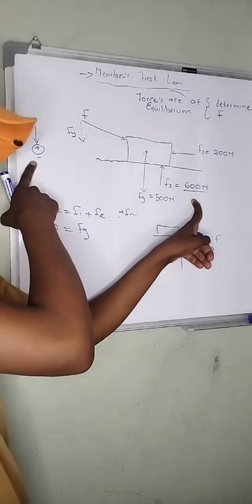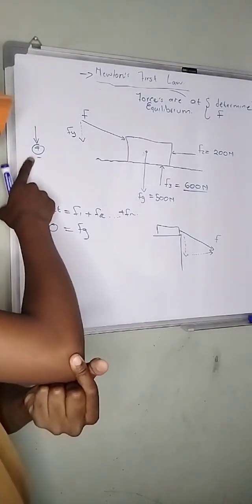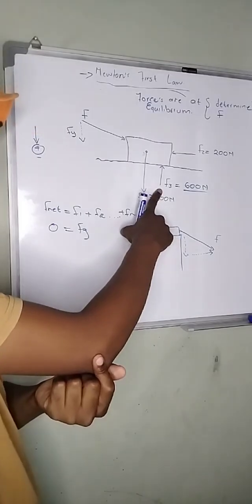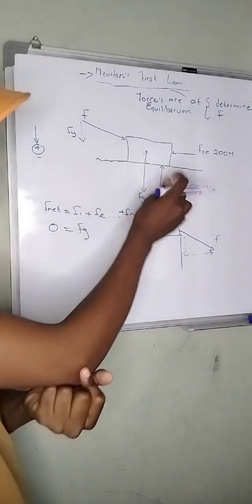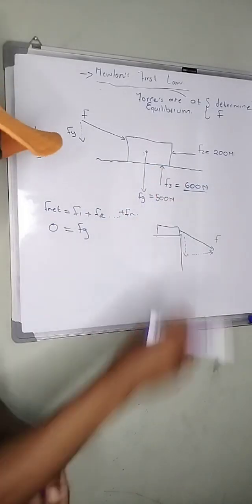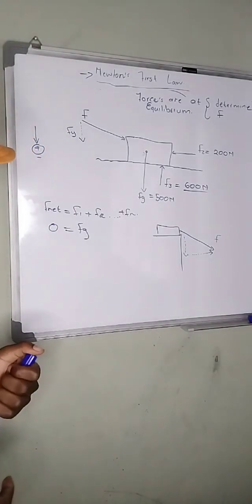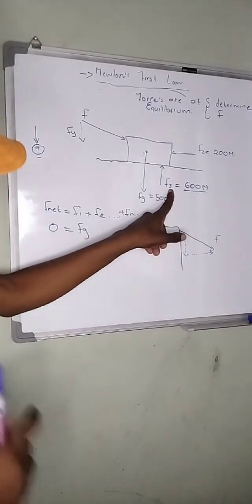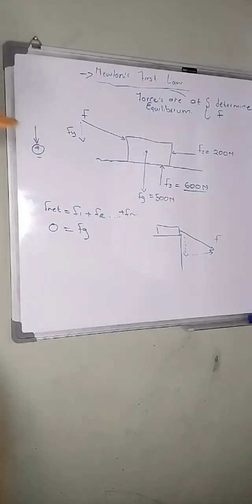We chose downwards as positive. Is this guy going to be negative or positive? I won't give you the answer.